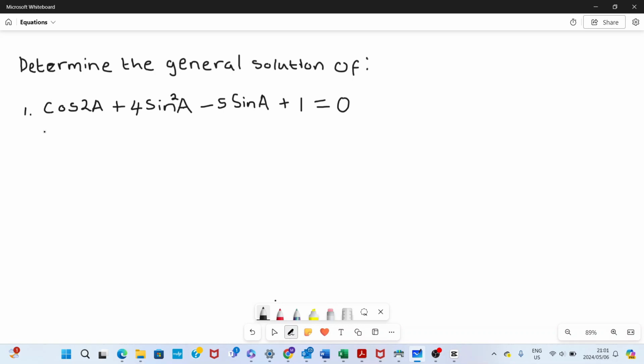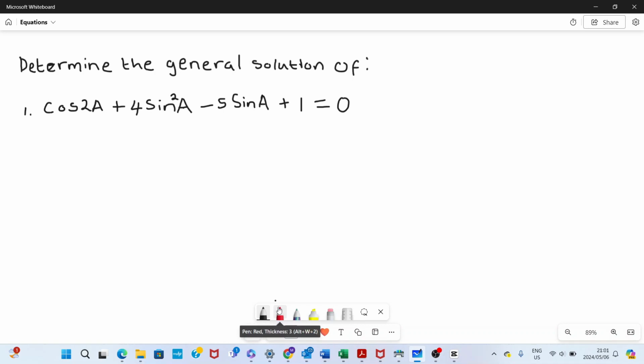I advise you to pay attention because this is a very key question. This question is worth 8 marks. So let's jump in and get down to business.